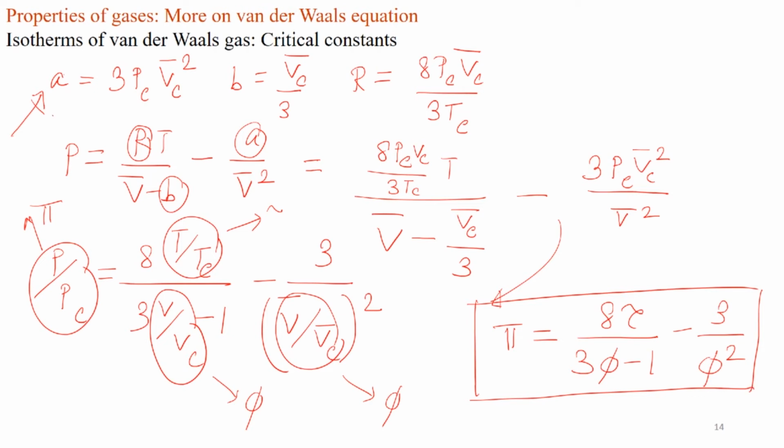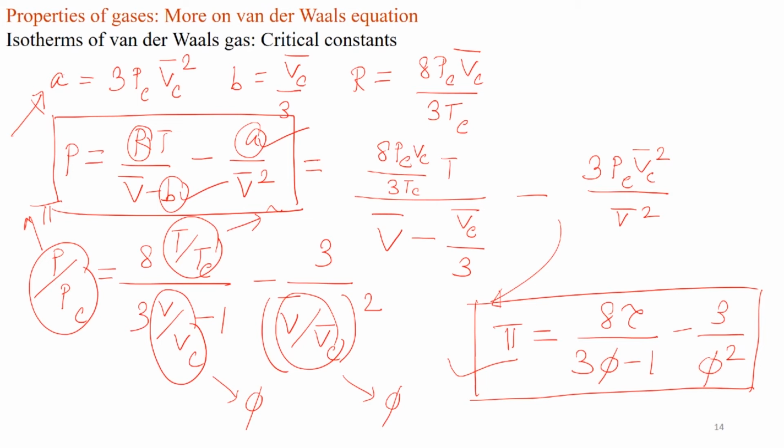Look at the original van der Waals gas equation, which is this. This equation contains constants like A and B, which are specific for a particular gas molecule. However, the reduced expression does not have any particular constant that represents one particular gas, which means just like in an ideal gas, there was no particular constant which is specific to a gas.